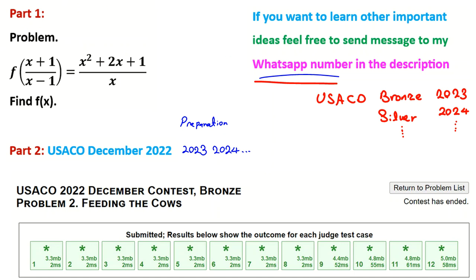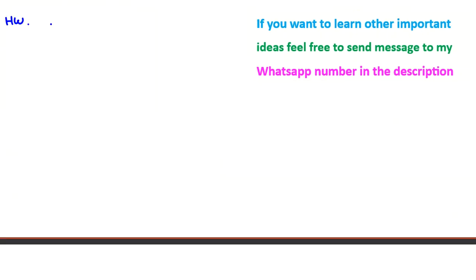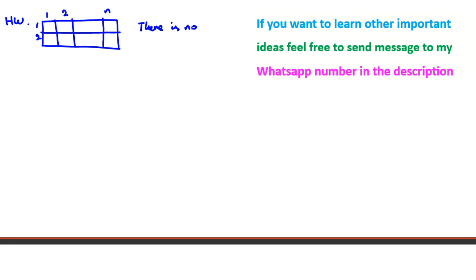Homework is what? Let me write it. Because this problem was dynamic and related to recursive sequence, let me give you a problem to solve. Suppose, for example, we have a 2 by n grid, and at each step we can color some cells, okay? We don't want any adjacent black cells.